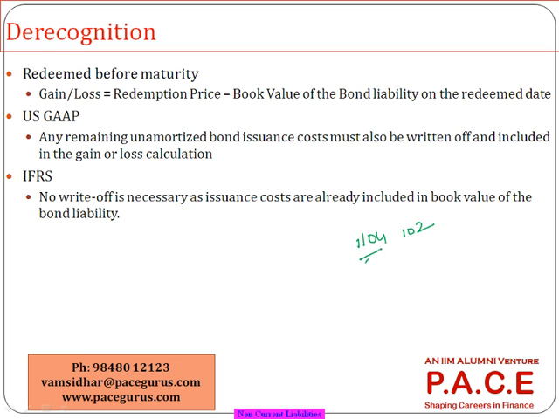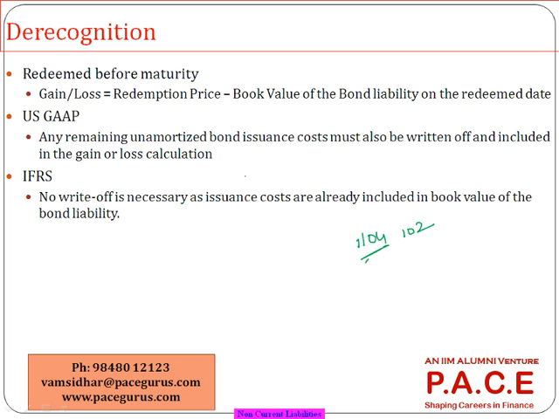So if it had paid 104, actually it should pay 103.19 only. So the remaining 0.81 is treated as a loss. It's not 4 which is treated as a loss. It is 0.81 which is treated as a loss for the company.